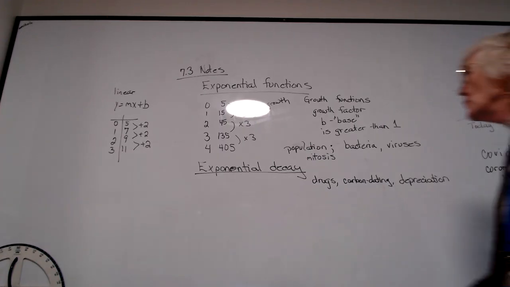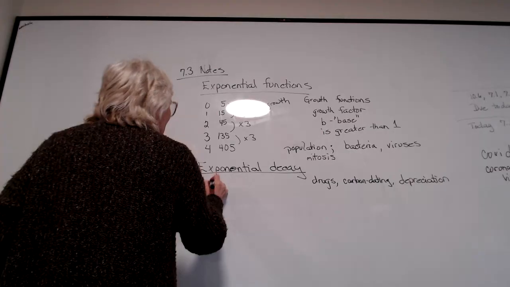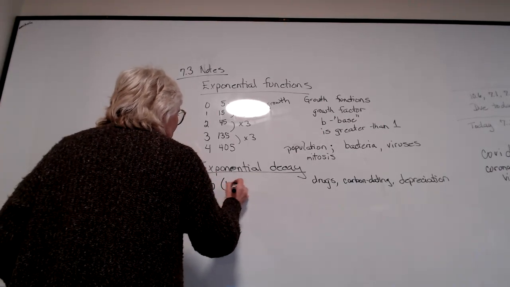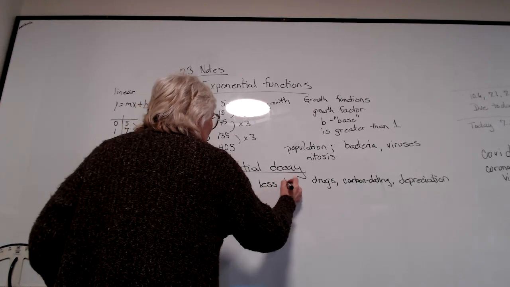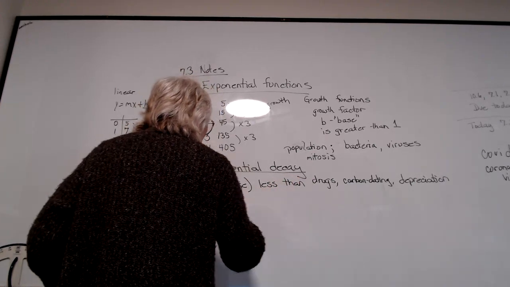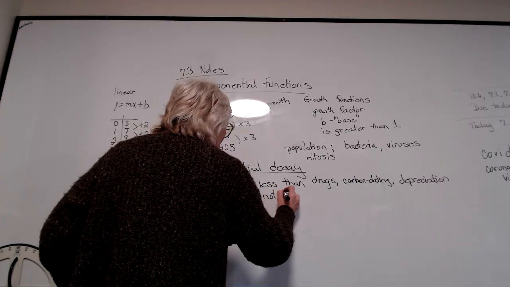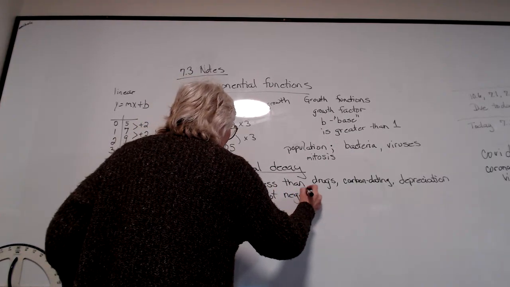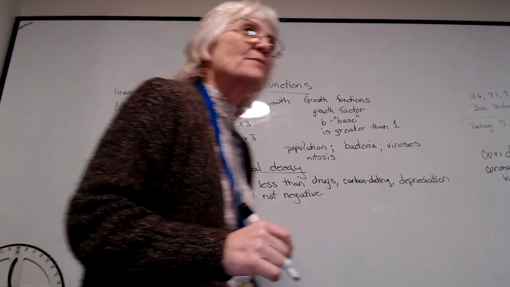Okay, so when we do an exponential decay, the base is going to be less than 1, but not negative. In other words, it's going to be proper fractions.